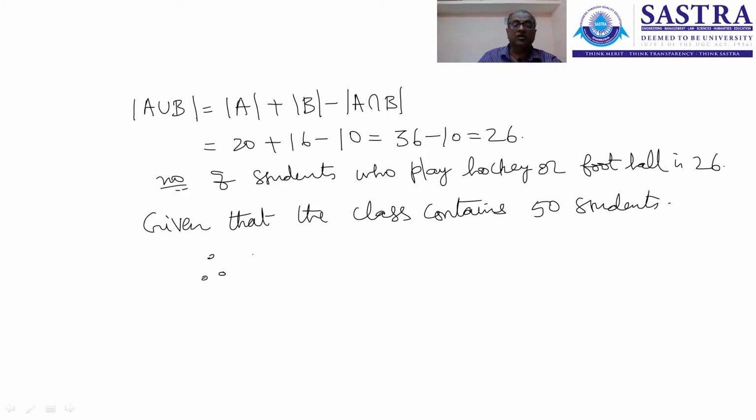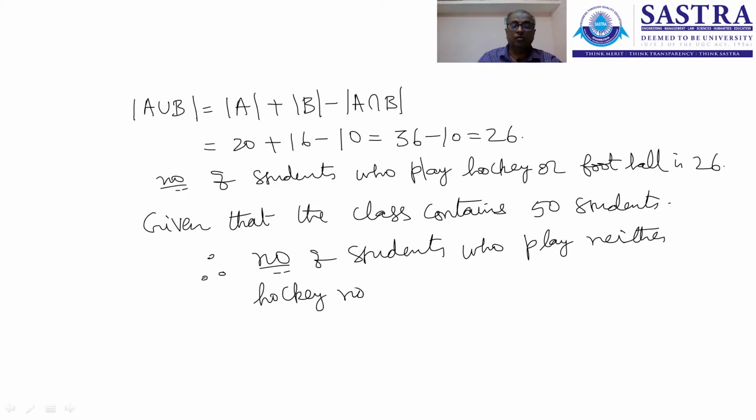Therefore, the number of students who play neither hockey nor football is 50 minus 26, which is equal to 24.